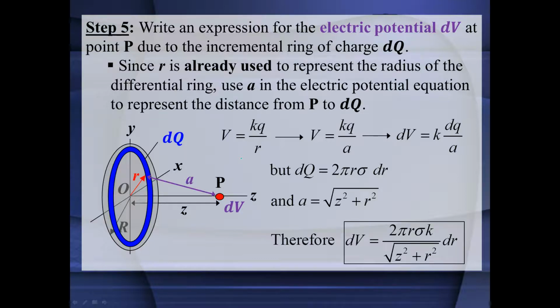If I do that, you get dV equals 2 times pi times r times sigma times k, all divided by the square root of z squared plus r squared, multiplied by dr. And now we're pretty much ready to set up and evaluate the integral to figure out the electric potential from the whole disk.